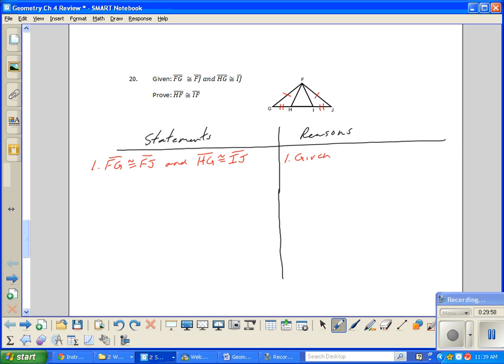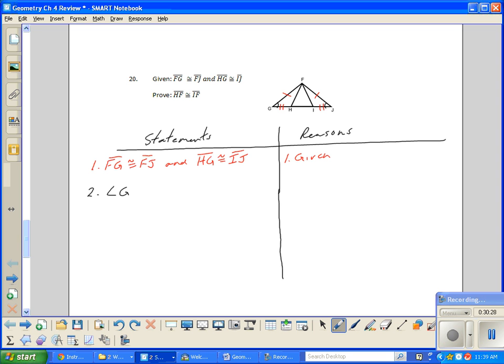Alright, so from there, since we've got these two sides congruent, then we know that the angles opposite those two sides of this big triangle of GFJ are going to be congruent to each other. So that's going to allow us to say that angle G and J are going to be congruent to each other.